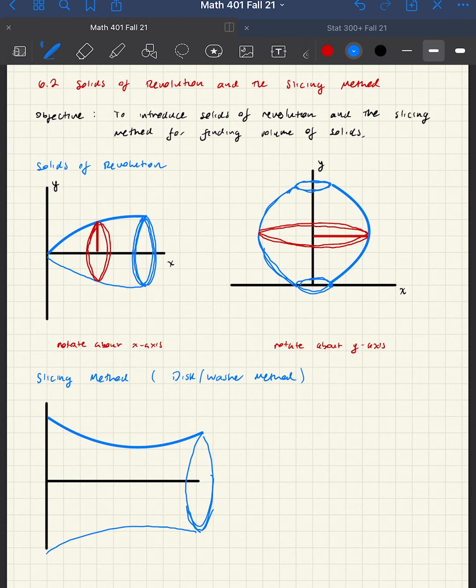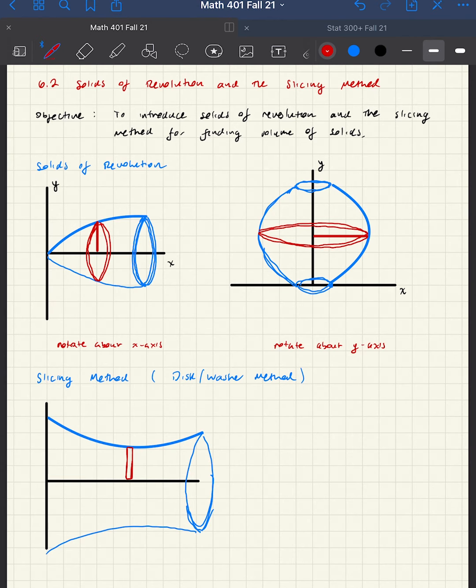Oh, it's a little off, I guess. There we go, roughly. And so imagine then that we have this infinitely thin rectangle. Okay, so this infinitely thin rectangle, which, if you remember, is the same setup as trying to calculate the area under the curve, or between two curves.